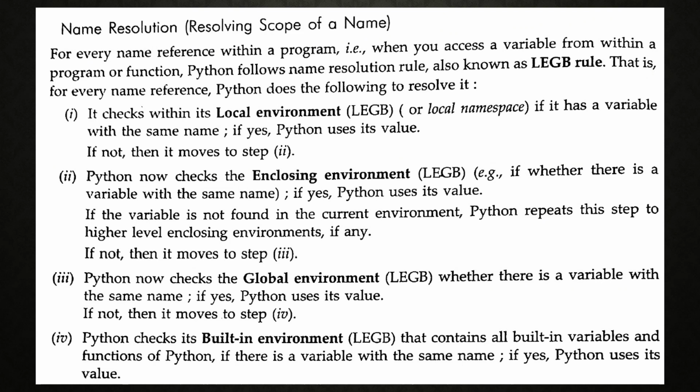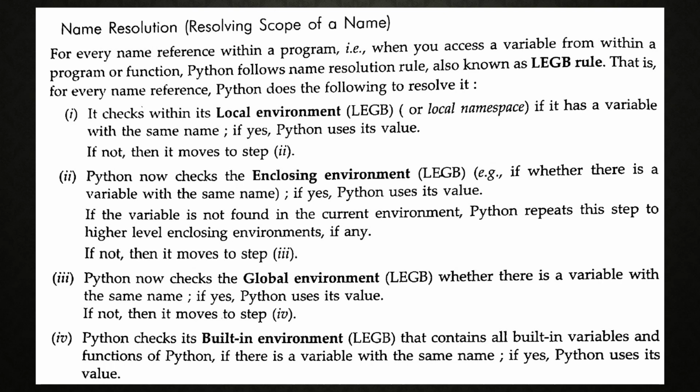That means if it is used in the function block, whether it is available in the function block or not. If yes, Python uses its value. If it is not available in the block, then it moves to step number 2.